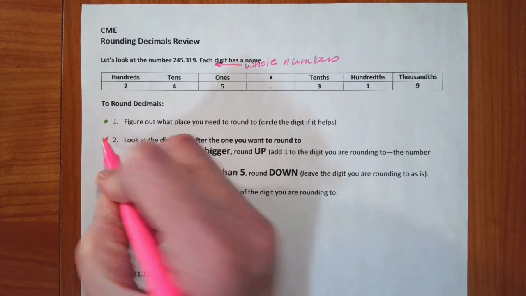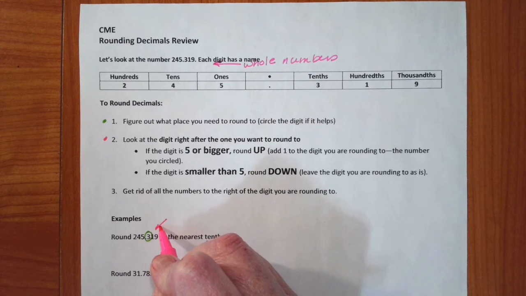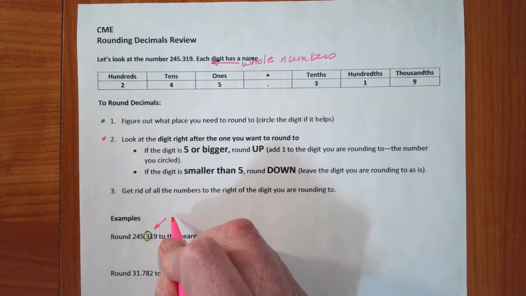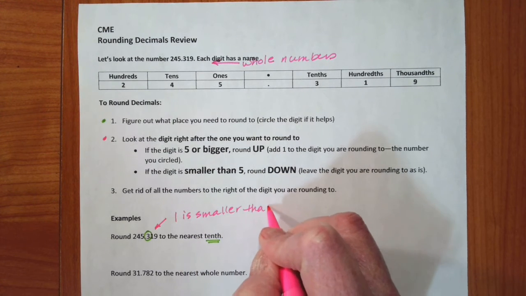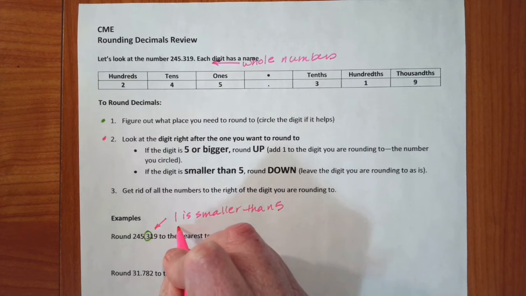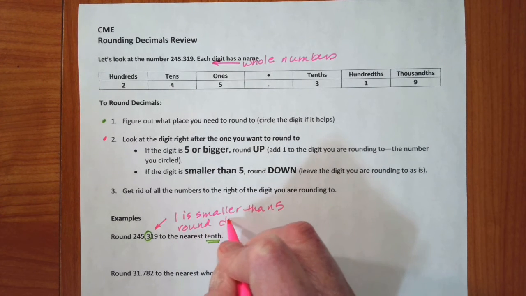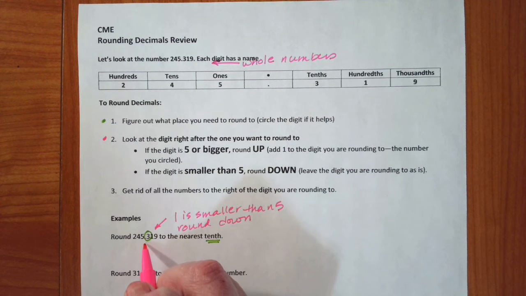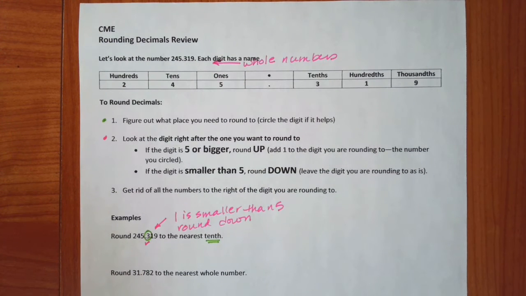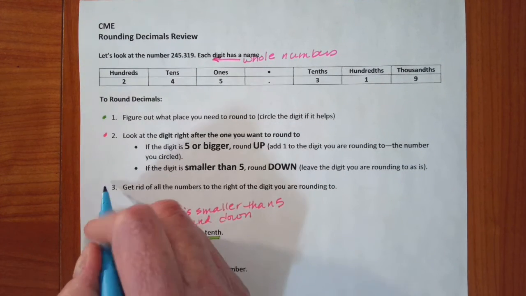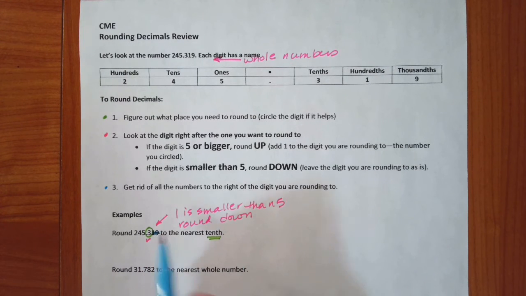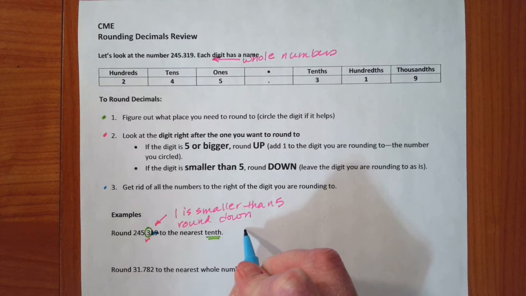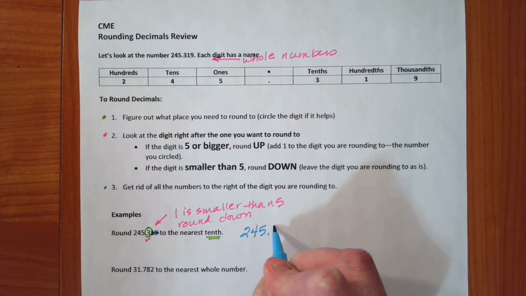Now I'm going to look to the digit to the right. 1 is smaller than 5, so I'm going to round down, which means I'm going to leave that alone. Then I'm going to get rid of all of the numbers to the right. So I'm going to get rid of the 1 and the 9. So this becomes 245.3.